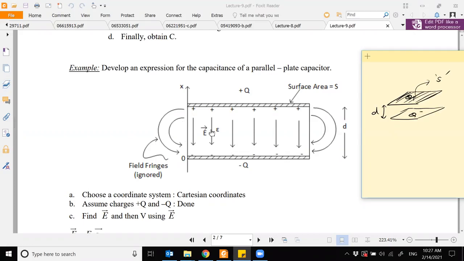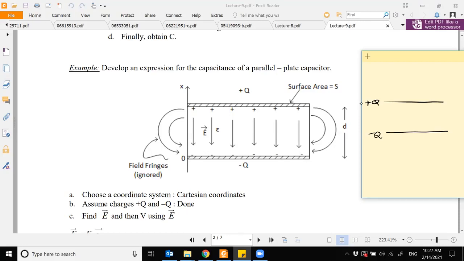Now, what are these arrows? These arrows are giving you the indication of how the electric field will be. So if you guys remember, let's apply our knowledge that we got for an infinite sheet. In the infinite sheet, we found how the electric field will be when you have two charged plates, right?